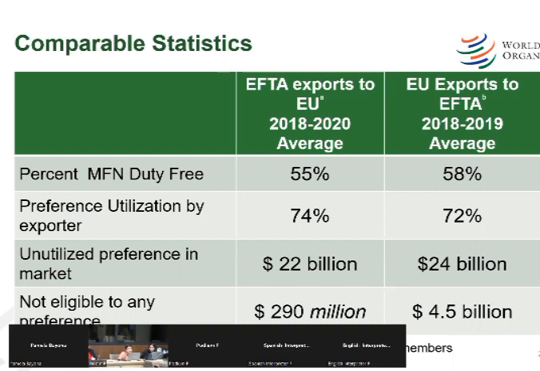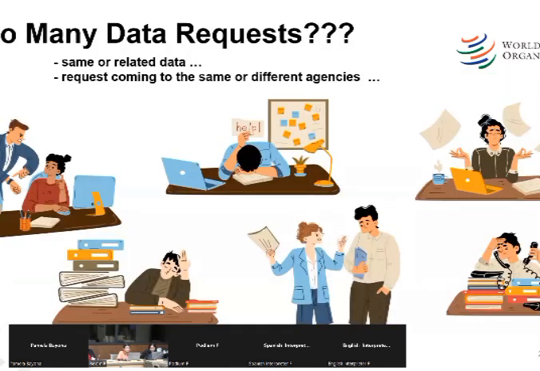By the way, we only have imports data, such that exports are treated as bilateral, what the country exports. So EU's exports to EFTA are actually EFTA's imports from the EU and vice versa. So whereas we say these are exports, these are actually mirror imports. These are mirror statistics.